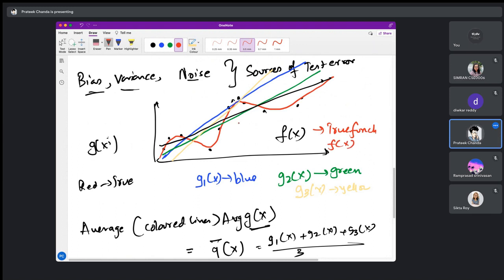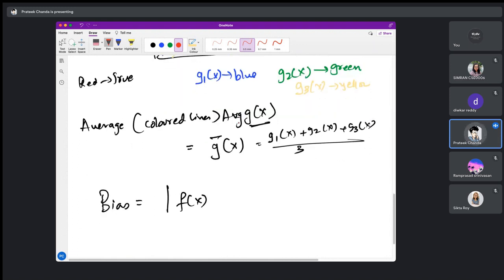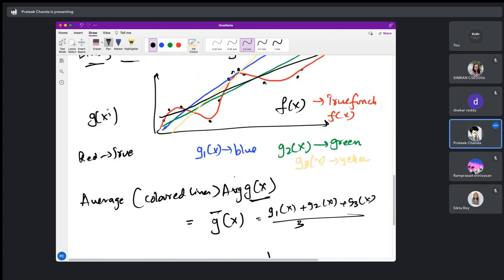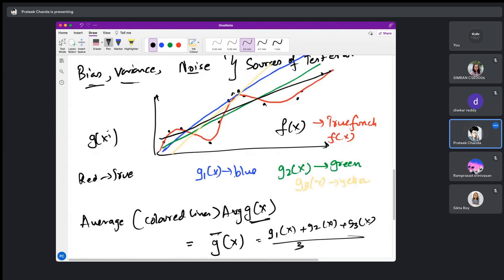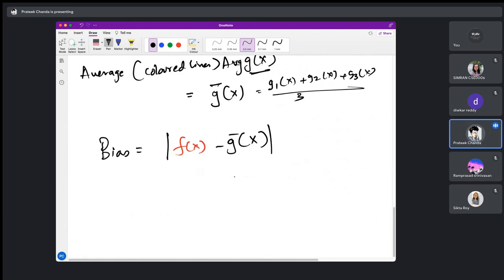I would define bias as f of x minus g bar x. That means how much the true function deviates from the mean of all the predictors, the estimators g1, g2, g3. That is defined by bias.